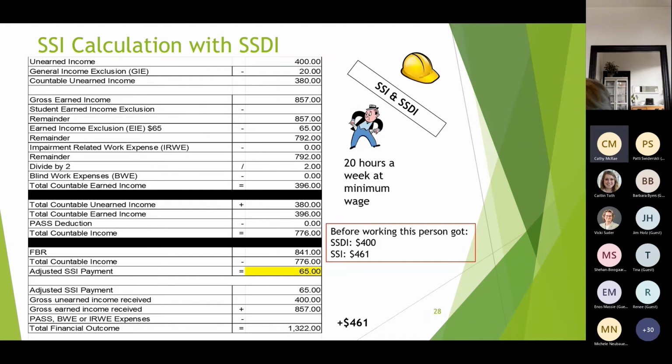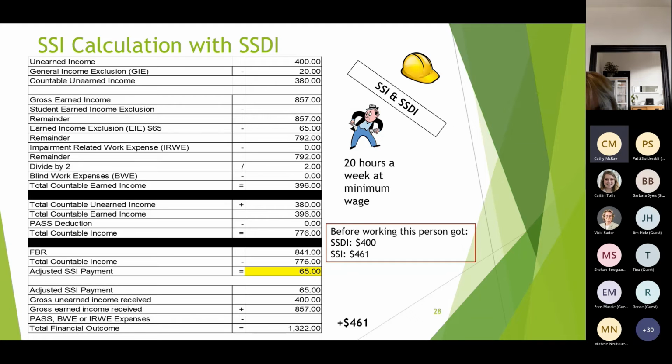So we're going to add those two things together, $380 of unearned income, $396 of countable earned income, for total countable income of $776. That gets subtracted from that federal benefit rate of $841. It's going to leave this person with an SSI check of $65.